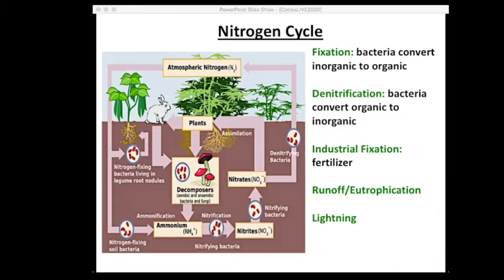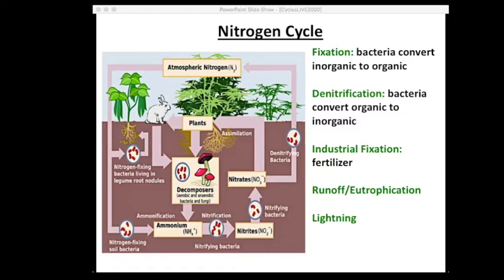Then there are continuing bacteria which take the ammonia and turn it into something called a nitrite. You see, that's NO2. I'm also not too concerned about that step. Just know that it's multiple steps of bacteria that are converting the nitrogen to its usable organic form.